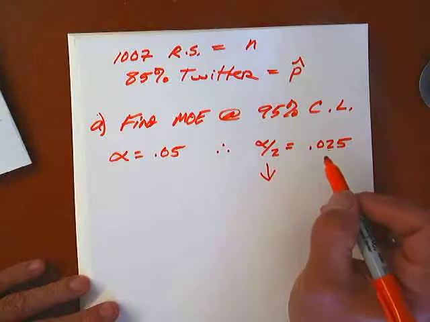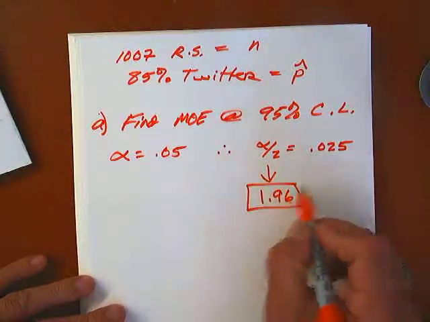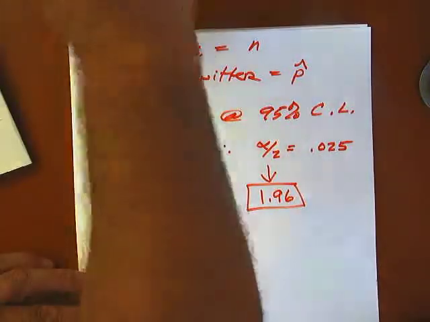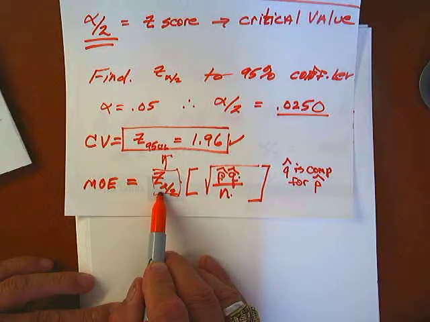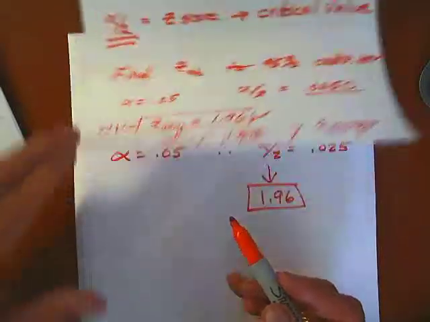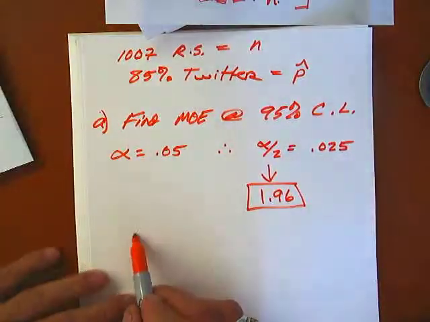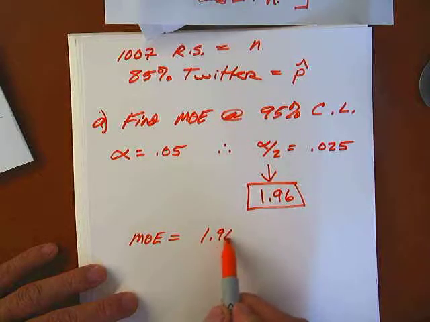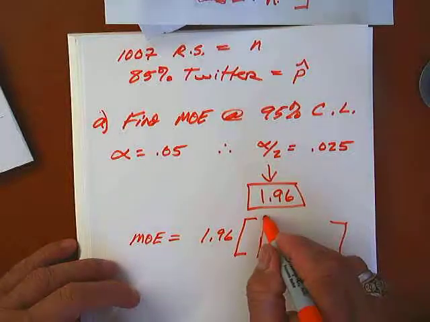Find your ME at 95% confidence level. Well, that means alpha is equal to 0.05. Therefore, alpha over 2 is equal to 0.025, which will give us a z-score of 1.96. That's our critical value, our z sub alpha over 2.